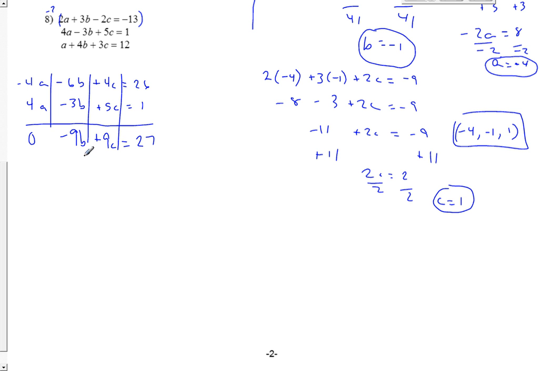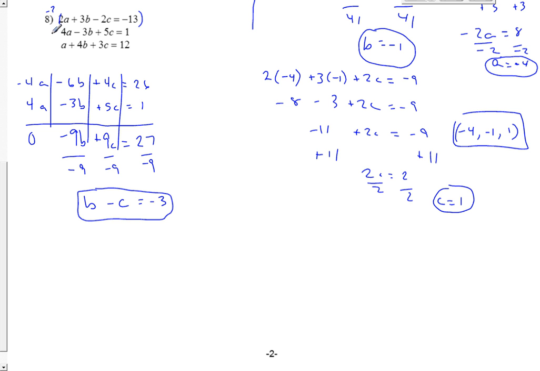Now, I noticed that 9 goes into all 3 of these, and I could divide by the negative 9 to get b to be positive, and that might make things easier later on. So if I divide by negative 9, I get b minus c equals negative 3. Okay, so that's one of those equations that I'm going to need later on, so I'm going to circle that.